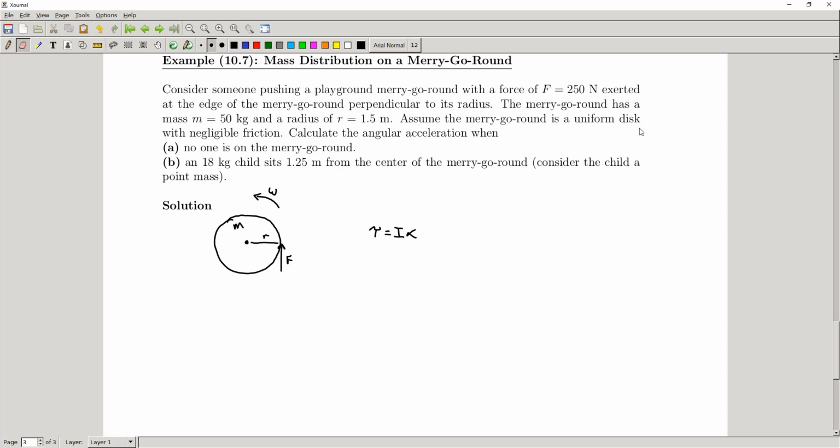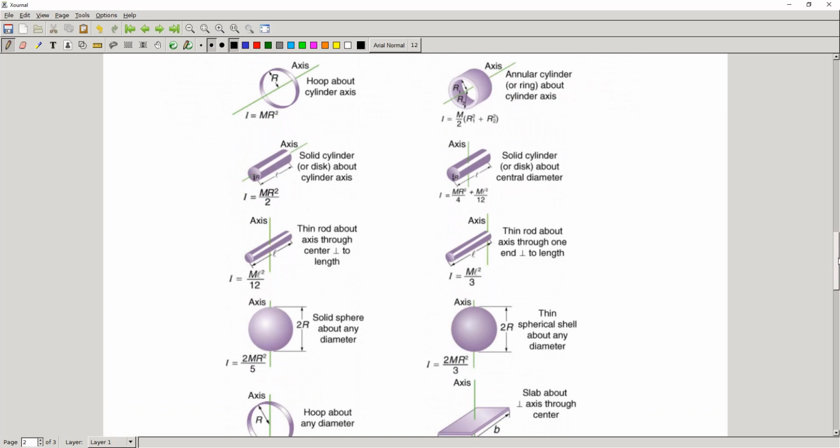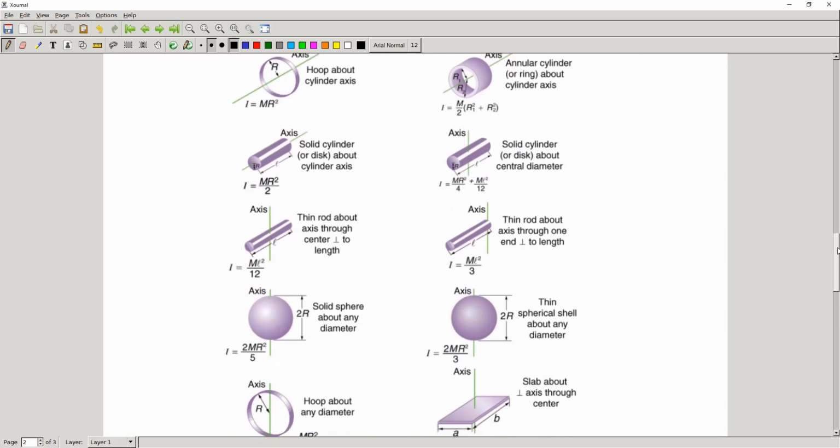So we would go to our table and look for a solid cylinder or disk. We have our solid cylinder or disk right here. And again, we see that our axis of rotation is cutting through the disk. So imagine that this was a very small disk; we could imagine that it looks like this.